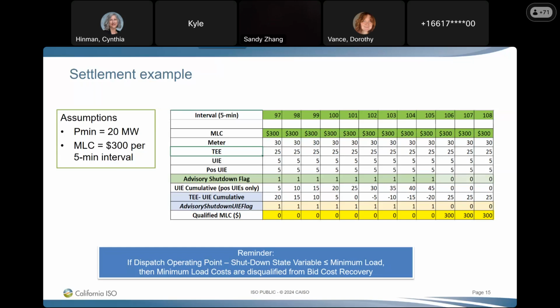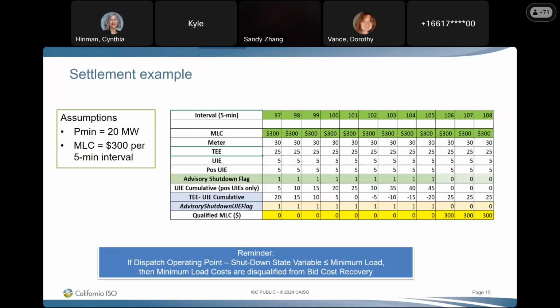And if we subtract the UIE from the TEE, we come up with 20 megawatts. 20 megawatts is equal to the Pmin. And as we go on through each interval, going forward, 98 through 105, you can see that in each one of these intervals, the cumulative, or the shutdown state variable, if you will, is less than the minimum load.